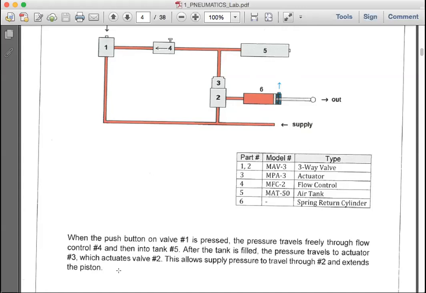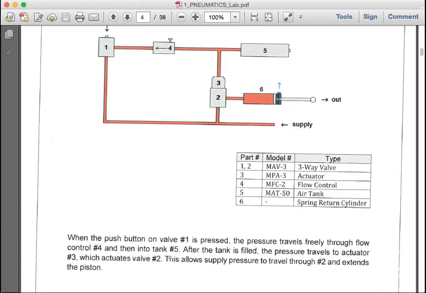So you see, you can easily refer to the valves without saying 3-way valve, 4-way valve, and everything. You just say travels to actuator number 3. You may just indicate travels to number 3, but it's fine if you use actuator number 3, which activates valve number 2.